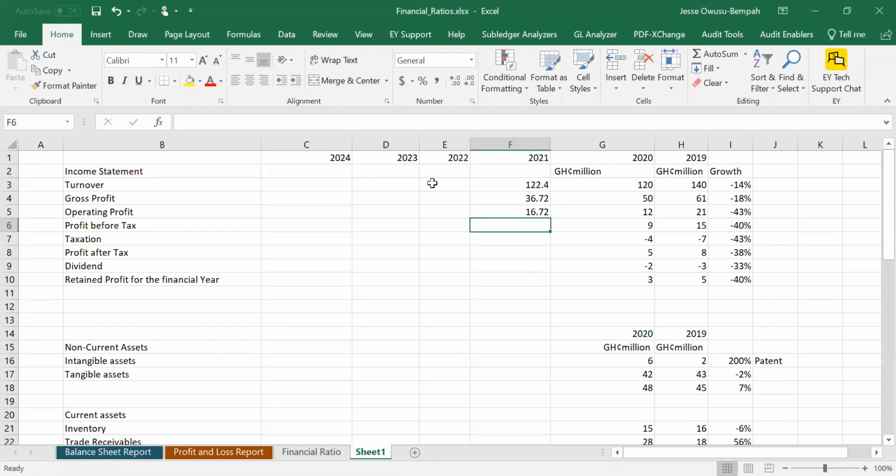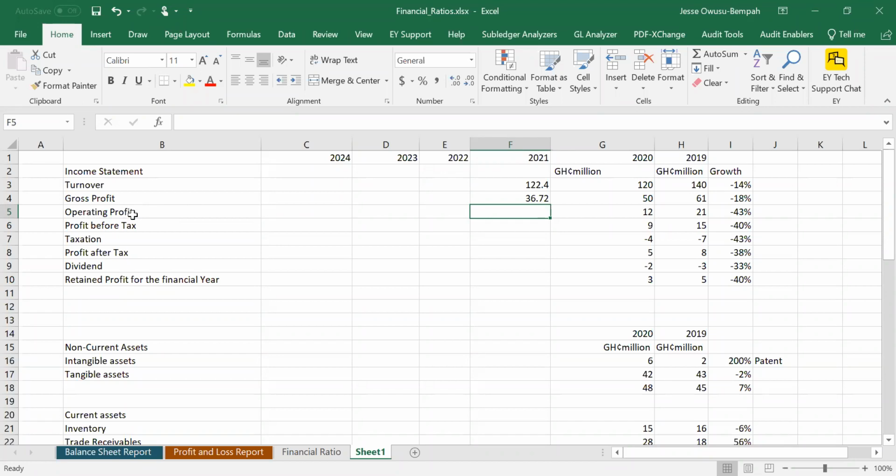Does that make sense? Let me go over again. First of all, after gross profit, how do you get operating profit? Less operating expenses.